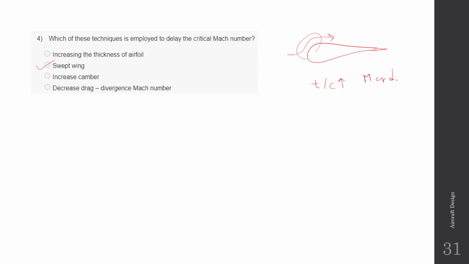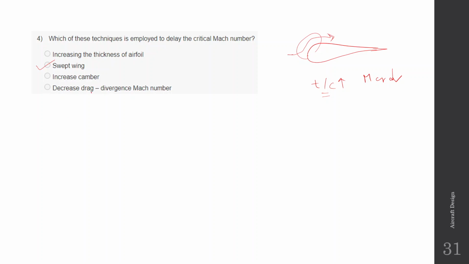This is acting in the opposite way, so increasing the thickness won't help. Decreasing the thickness can increase the MCR. Next we have increasing camber. Camber plays the same kind of role as t by c. If you have more camber, then the flow is going to accelerate more, and that will again decrease MCR.